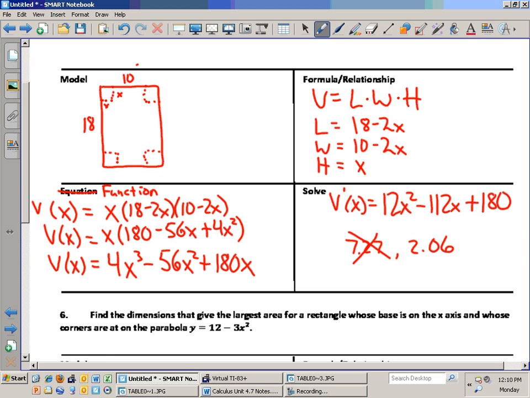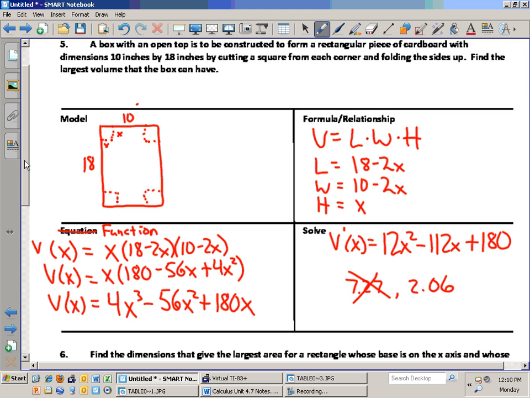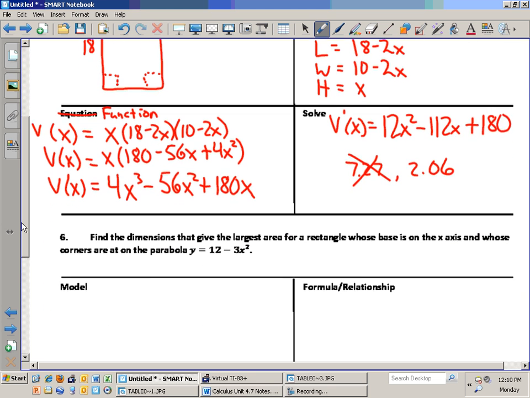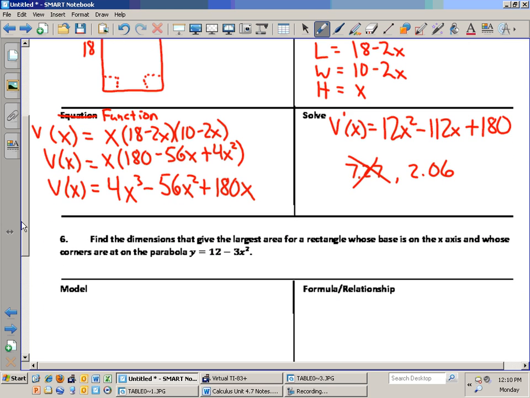The question is, again, it says find the largest volume. The largest volume happens when x is 2.06. So how would you actually then find the volume? Plug it into what? Plug it into this volume function right here. Not the derivative, but into this volume function right here.